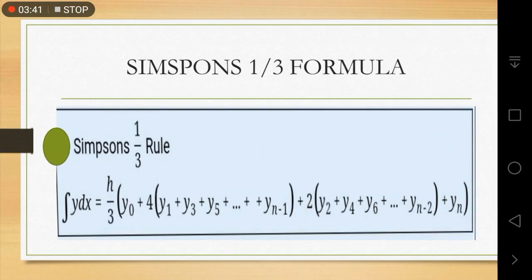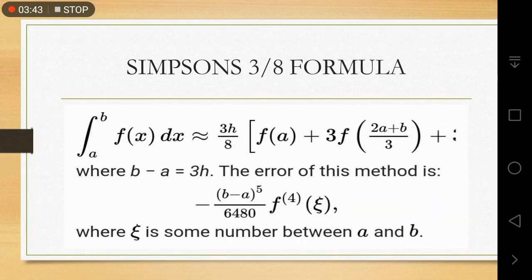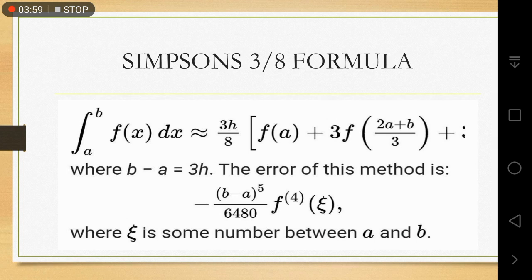And then next is the Simpson's 3/8 rule formula, where b minus a equals 3h, and the error of this method is b minus a times 5 over 6,480 times f to the fourth.